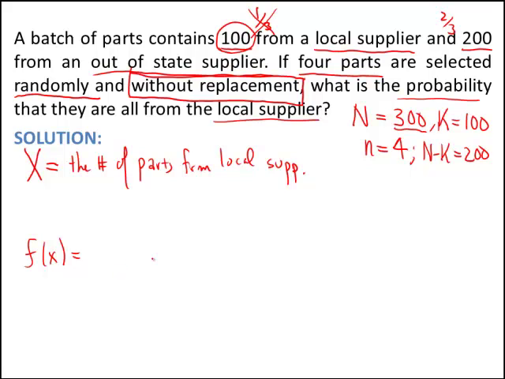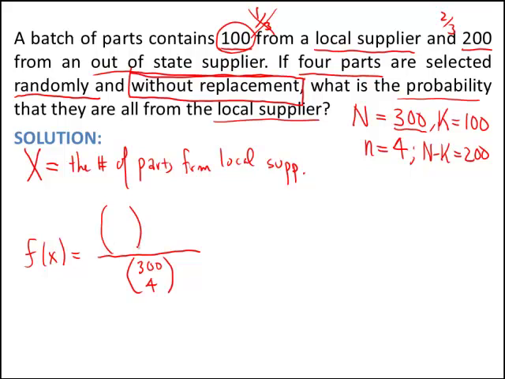I have 300 total parts, and they're broken into 2 categories. So on the bottom, all I want to know is the number of ways to select 4 parts out of 300. I'm doing it without replacement, and order doesn't matter. So this is a classic combination, 300 choose 4.